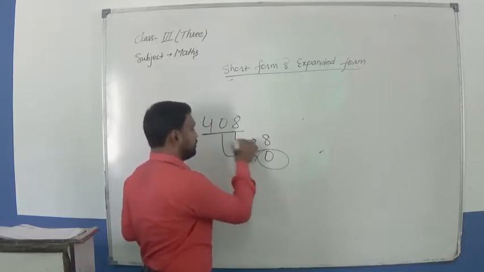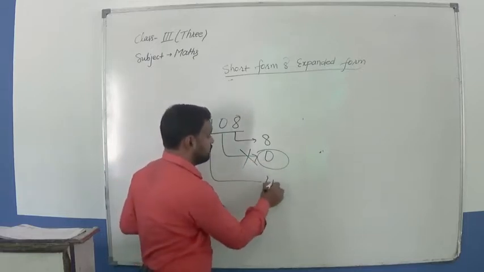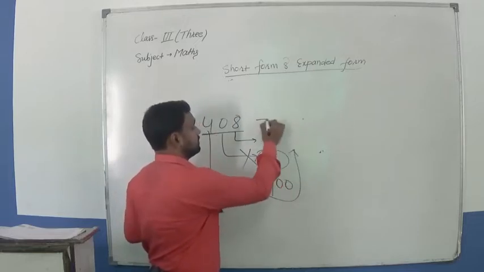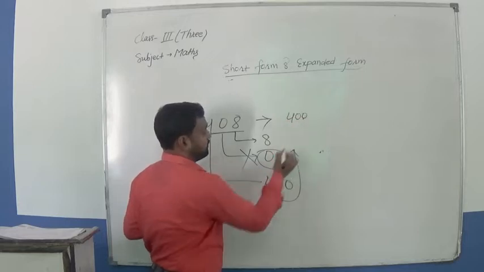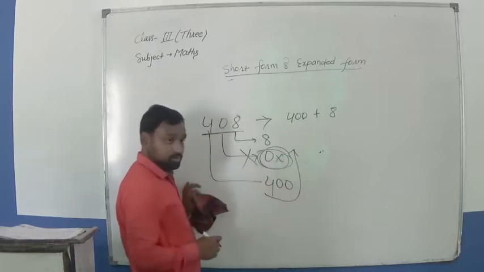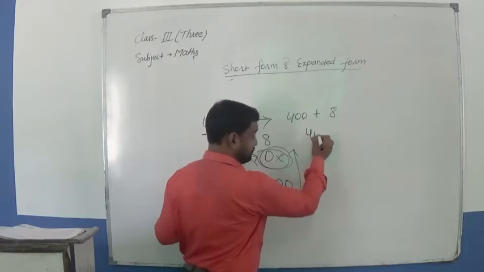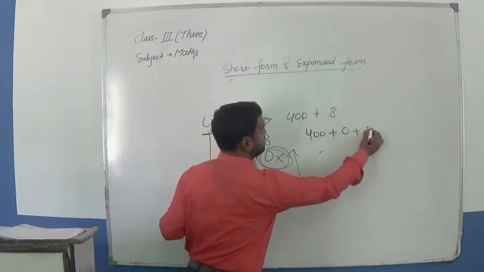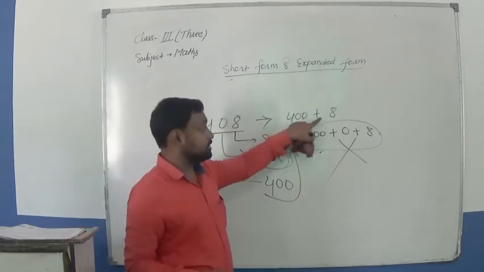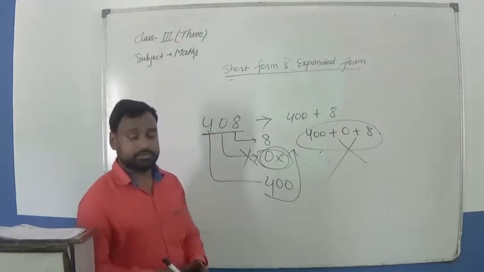We can't write 400 plus 0 plus 8. It will be wrong. You have to write 400 plus 8, meaning the term 0 needs to be left.